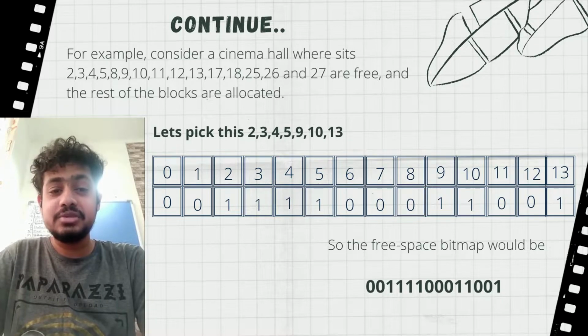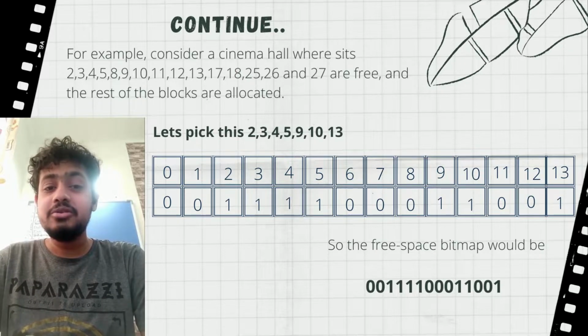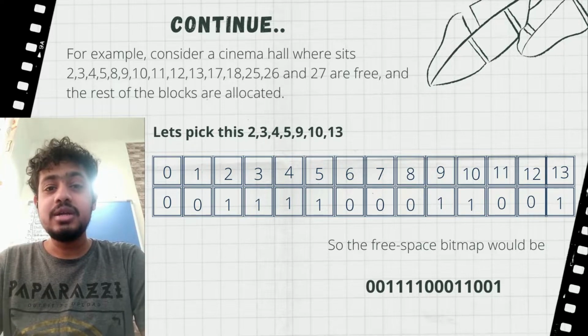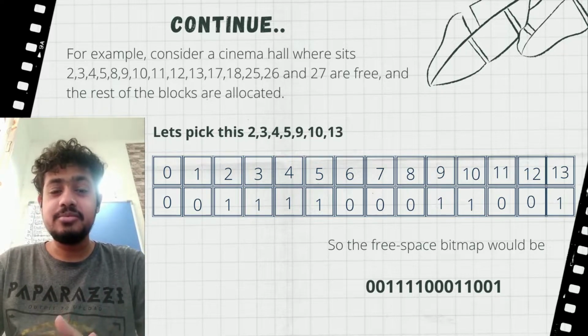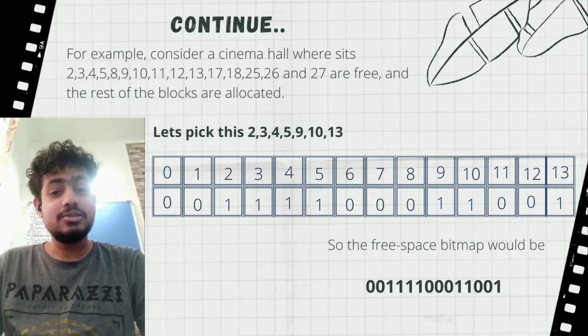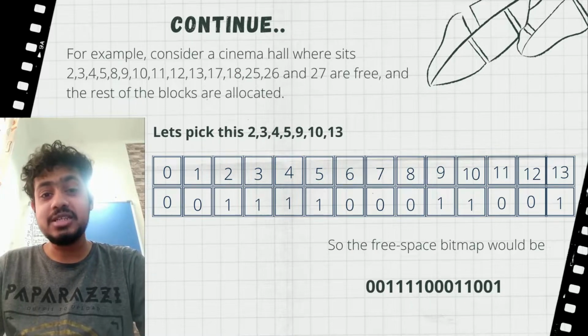If I talk about the first one, 0 is already allocated, so that's why the bit is 0. 1 is already allocated, that's why the bit is 0. 2 is not allocated, it's free. 3 is not allocated, it's free. 4 is also not allocated, so it's free. 5 is also not allocated, it's free, so the bit is 1. 6 is not free, 6 is allocated, that's why the bit is 0. 7 is not free, 7 is allocated, that's why it's 0. 8 is not free, 8 is also allocated, that's why it is 0.